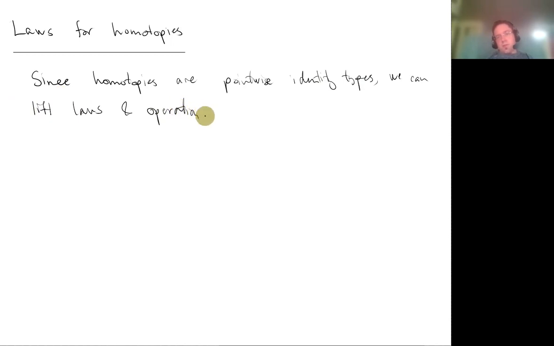Well, usually we implement laws as operations, but maybe we think about them in different ways. On identity types, pointwise to homotopies, to the type of homotopies. So for instance, we can give a witness that the homotopy relation is reflexive.